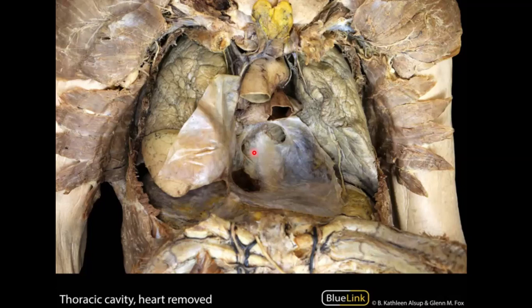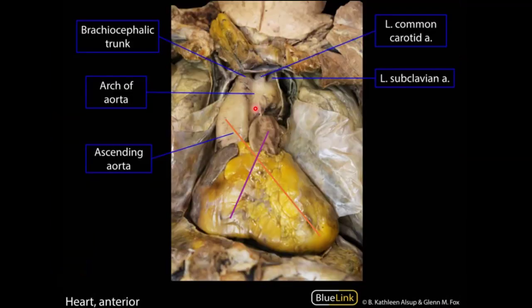Okay, so these are the great vessels which have been cut, and let us discuss the great vessels. So that is the ascending aorta there. That is the arch of the aorta, at that point. And then from the arch of the aorta, you can see you have three vessels taking origin: the innominate artery or the brachiocephalic trunk, then you have the left common carotid and the left subclavian.